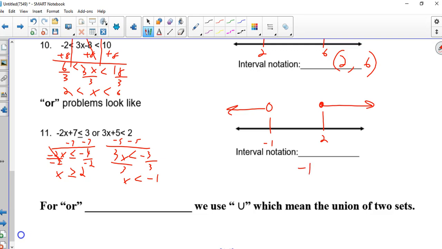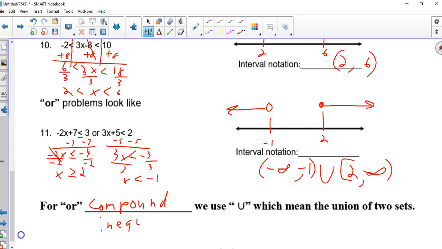So negative 1 towards negative infinity, 2 inclusive towards positive infinity, and we're going to use the union symbol for or compound inequalities. We use the union symbol. There you go.